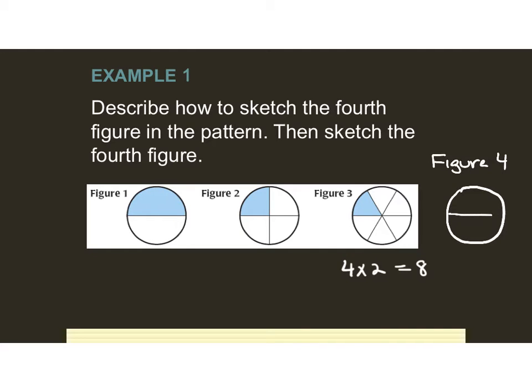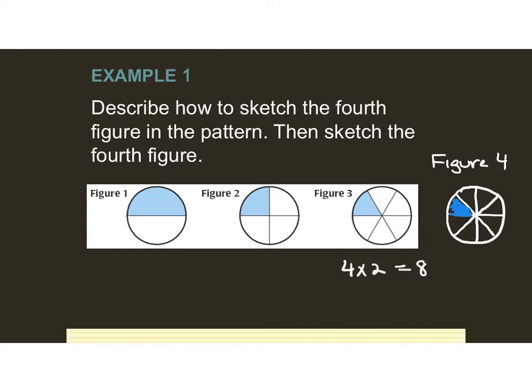So I can go ahead and divide this up. And I've got 8 sections, and then I need to color in one of the sections. And notice they all seem to be up above that halfway point.